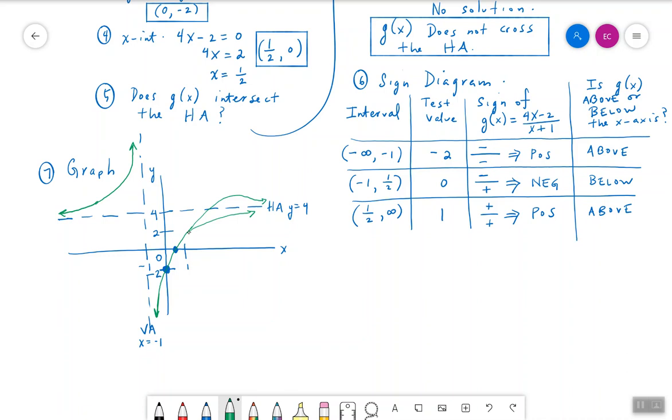We know that we're below 4 because we know we don't cross the horizontal asymptote. So we can erase this business here, and let me clean this up a little bit. Let's draw the horizontal asymptote back in, and then let me show you the graph leveling out to the horizontal asymptote. And there's our graph.